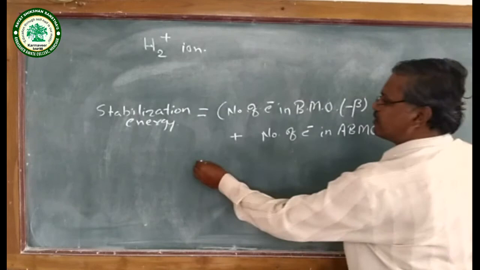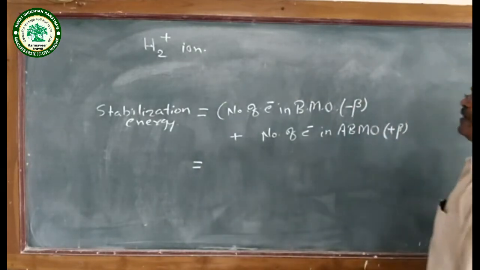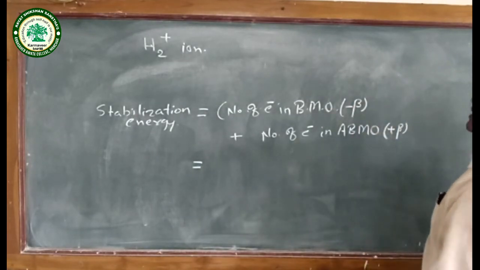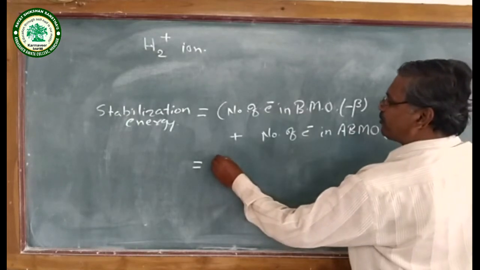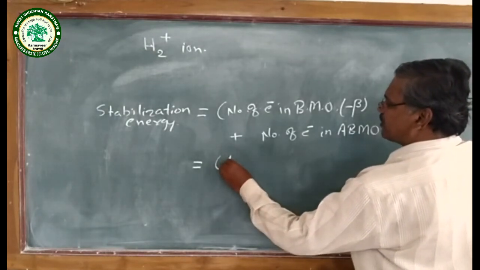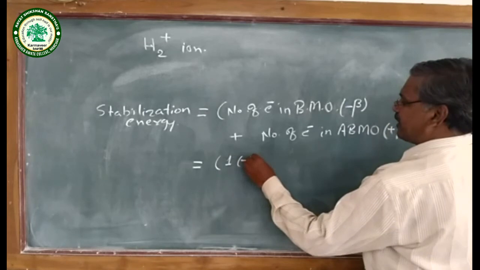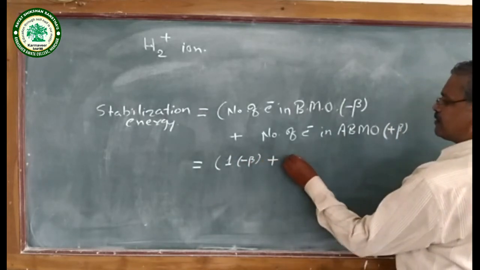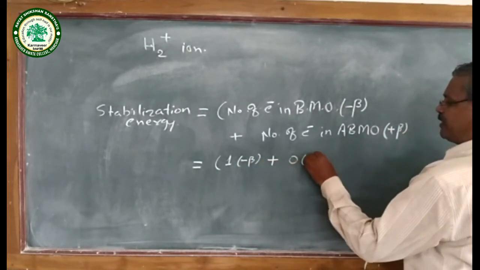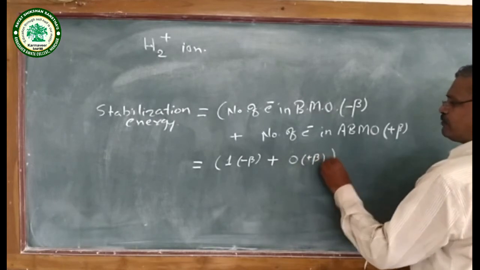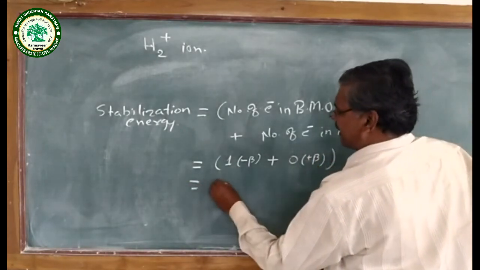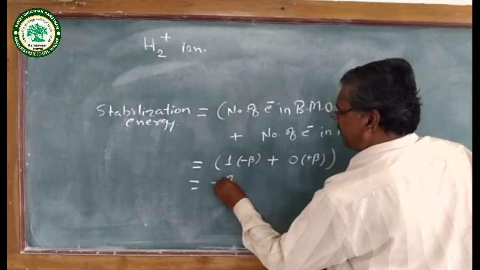So if you put the values in H2 plus ion, the one electron is present in the bonding molecular orbital, so it becomes 1 into minus beta plus 0 into plus beta, and hence we get the stabilization energy as minus beta.